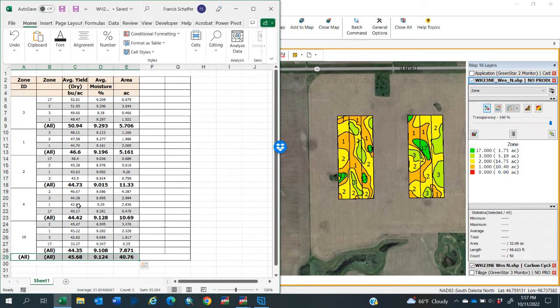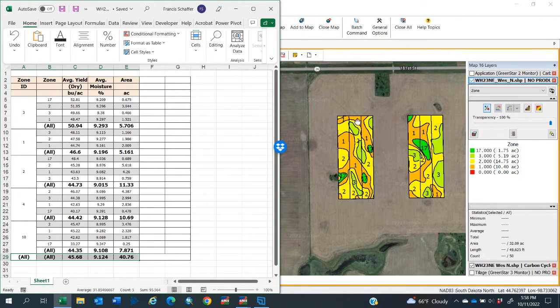Now, it shows to me that the carbon cycle application increased in an aggregate in area 3 to 50.9 from 44.4. So that's a fair amount of bushels. The thing to keep in mind is how many acres of each of those soil types there are to decide whether that's a significant amount of information to make that judgment.